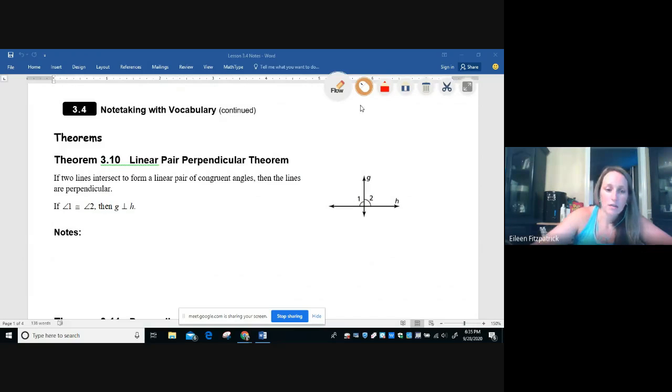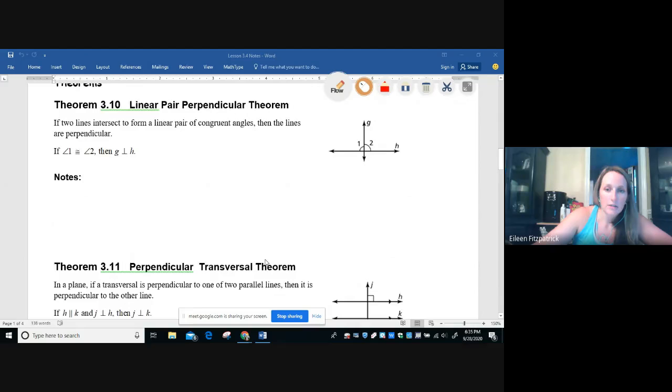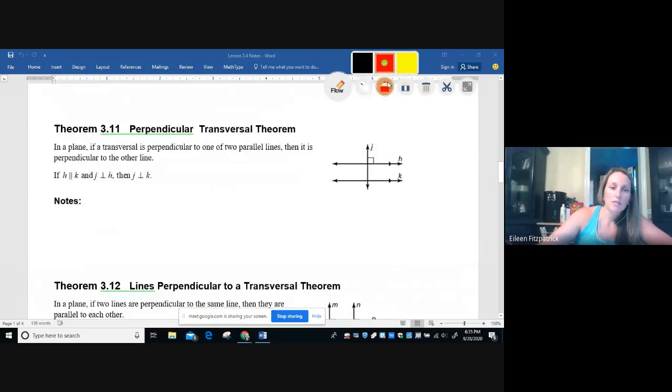All right, moving on. The next theorem is the perpendicular transversal theorem, which says in a plane, if a transversal is perpendicular to one of two parallel lines, then it is perpendicular to the other.